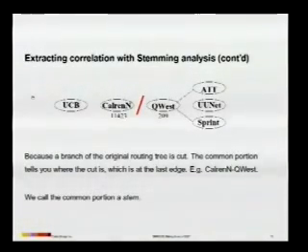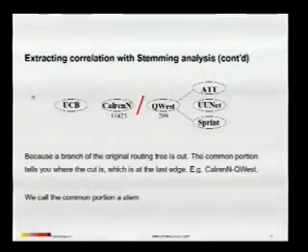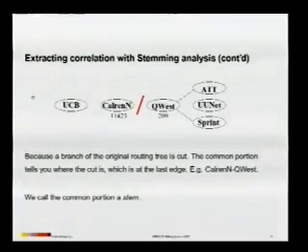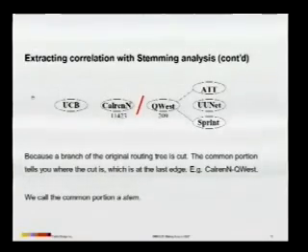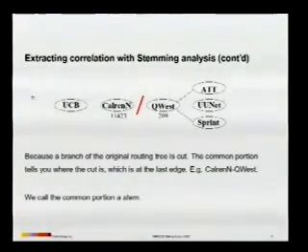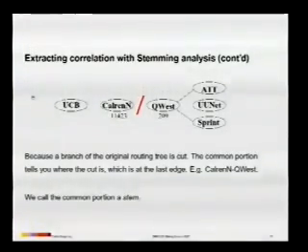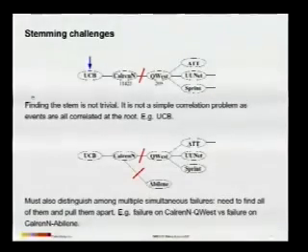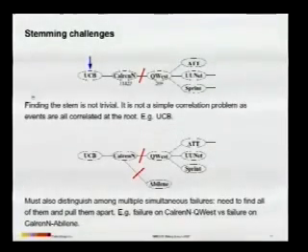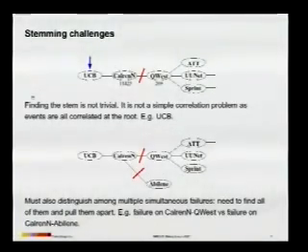If the cut actually happens one hop down, between Qwest and AT&T, then that common portion will include AT&T as well, and the failure would be the last edge of the common portion, the stem, which is between Qwest and AT&T. Now, this concept of finding the common portion is very intuitive, but actually it's not a trivial problem.